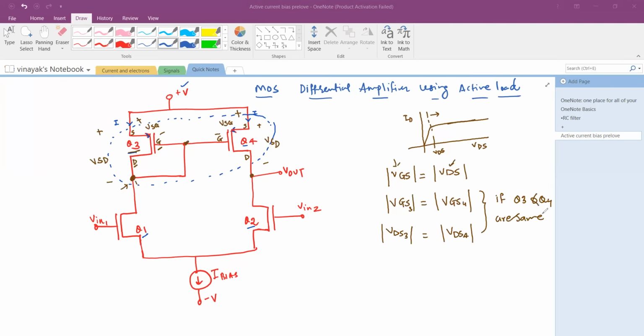It means their threshold voltages are the same, and their structures and other intrinsic parameters and properties are the same.